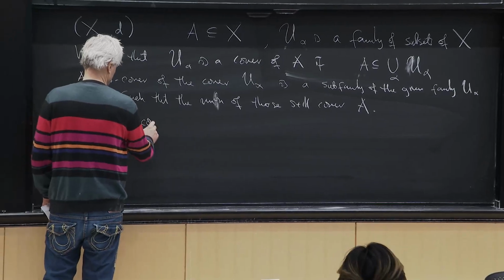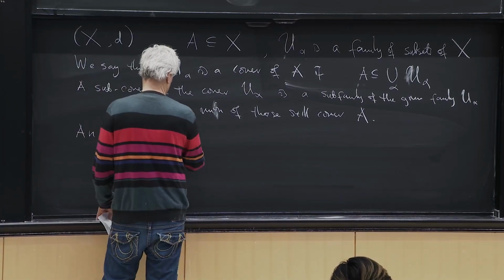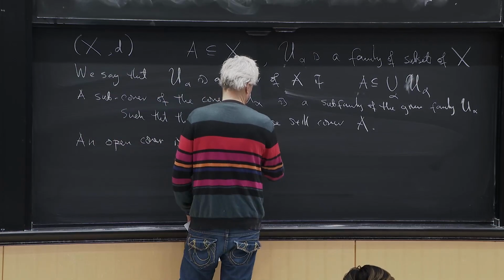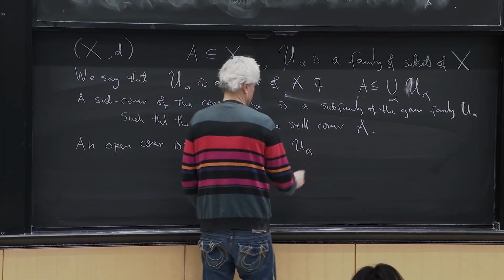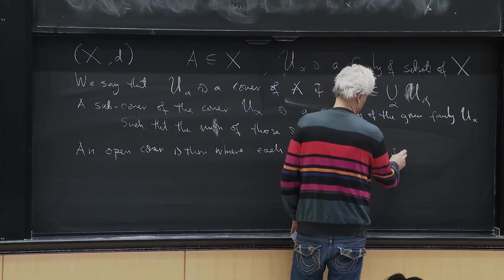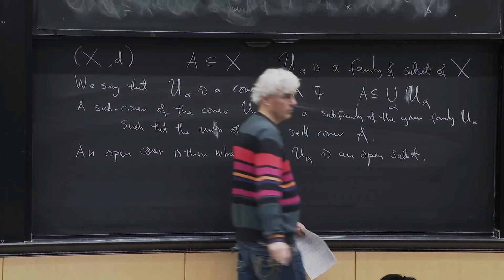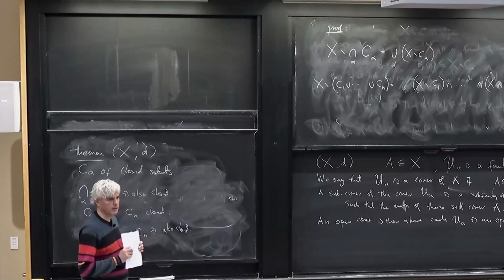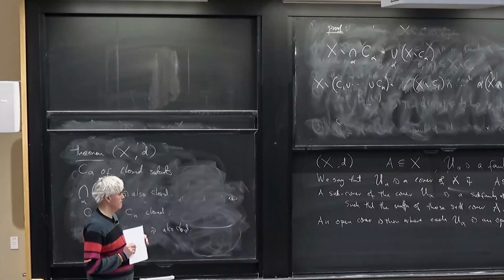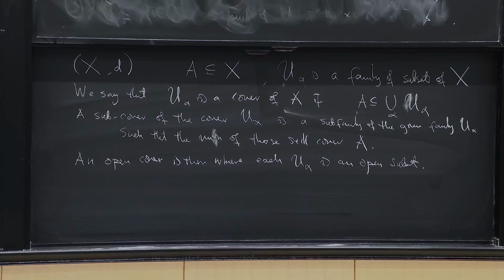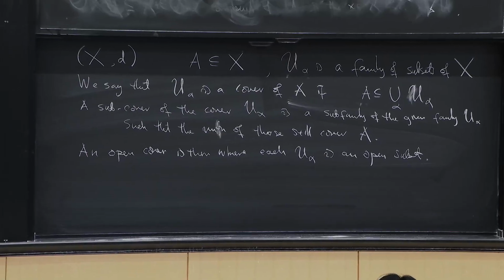An open cover is where each U alpha is an open subset. So that's an open cover. Each of the sets in the covering has to be open.